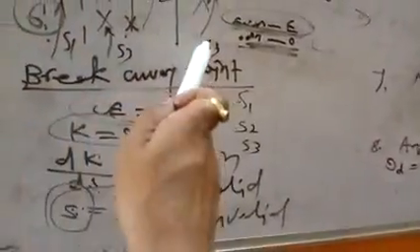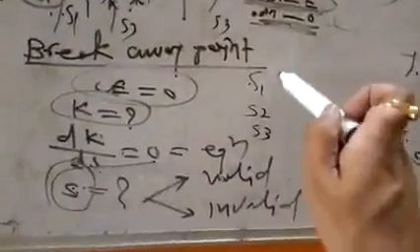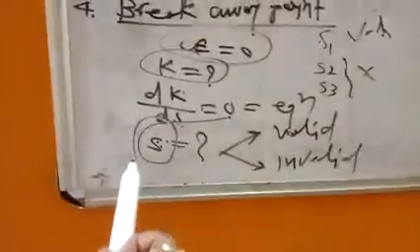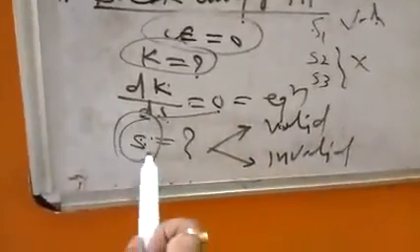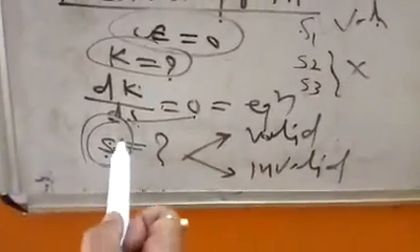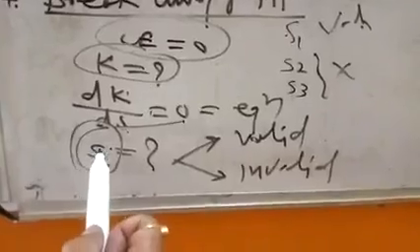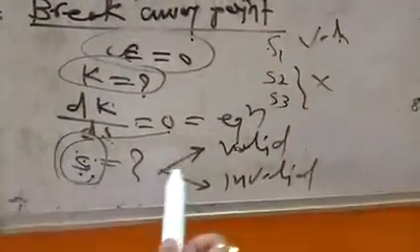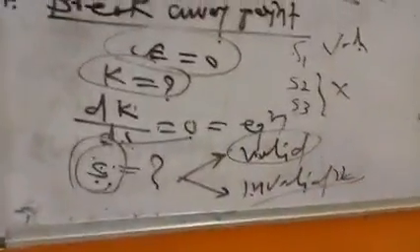So there are 2 invalid points and 1 valid point. So this is valid and this is not valid. First determine the value of roots, and see these roots with the existence of root locus and determine the valid and invalid points. Leave the invalid points, only consider the valid point.